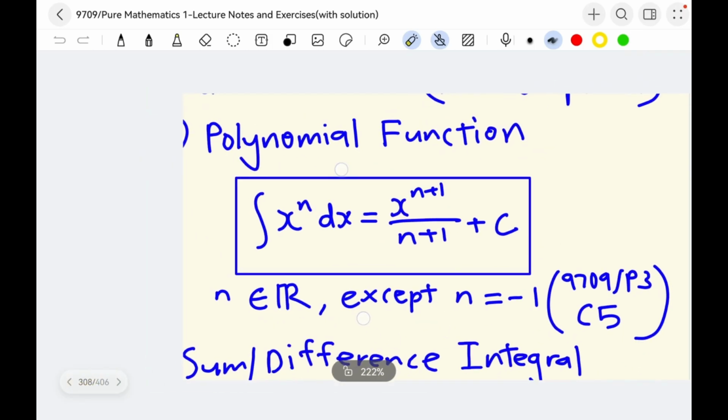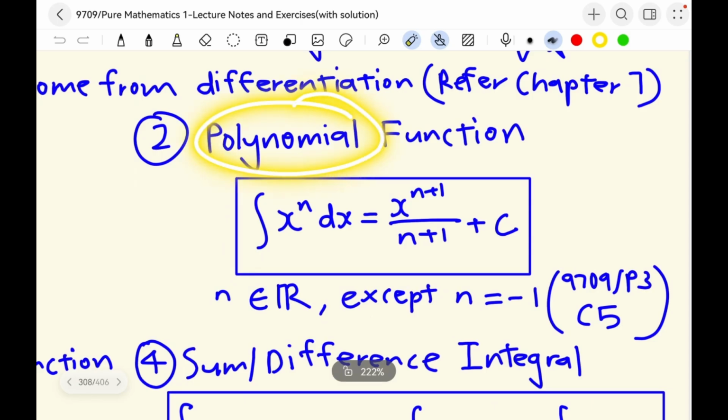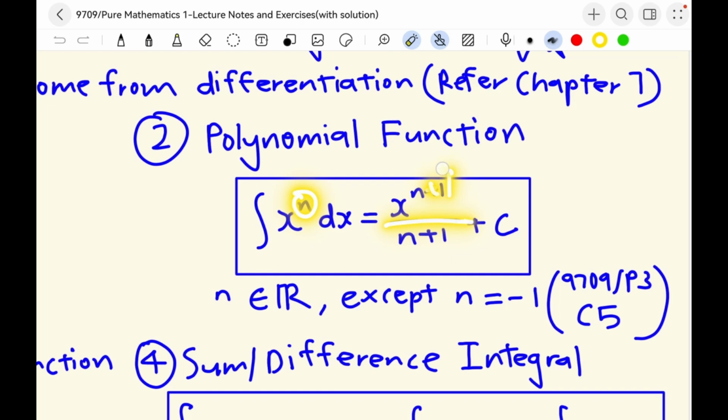Second, polynomial functions. Okay, when you are dealing with the integral of x to the power n, because it's a polynomial function, it's x to the power n plus 1, divided by its degree when it is plus 1.